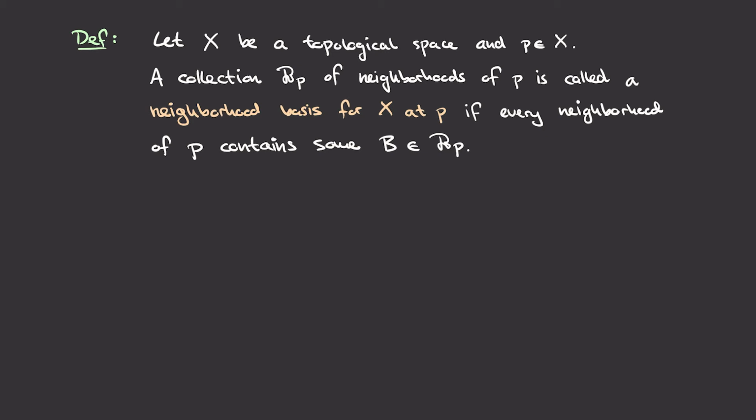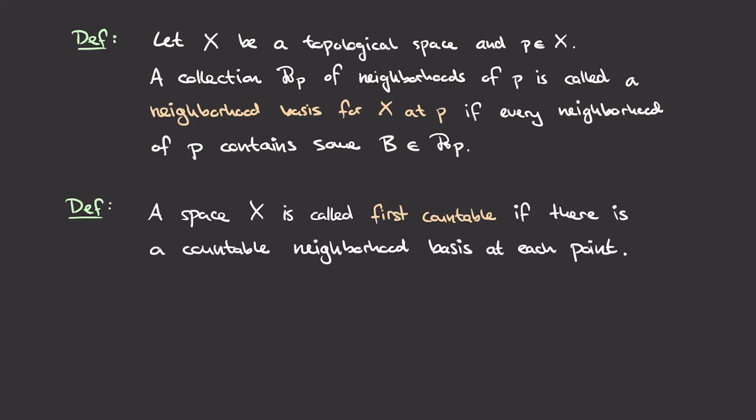In other words, you can think of a neighborhood basis as just being a collection of neighborhoods at a point, such that an arbitrary neighborhood at that point contains one of the elements of that collection. We can now go on to define what it means to be first countable. So we say that a space X is first countable if it has a countable neighborhood basis for every point.